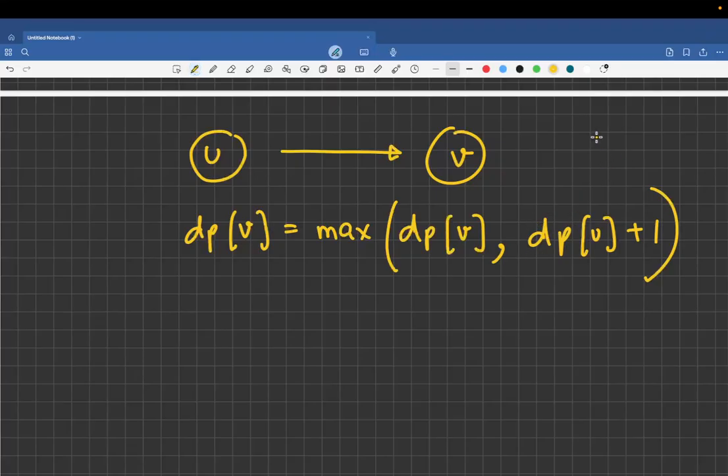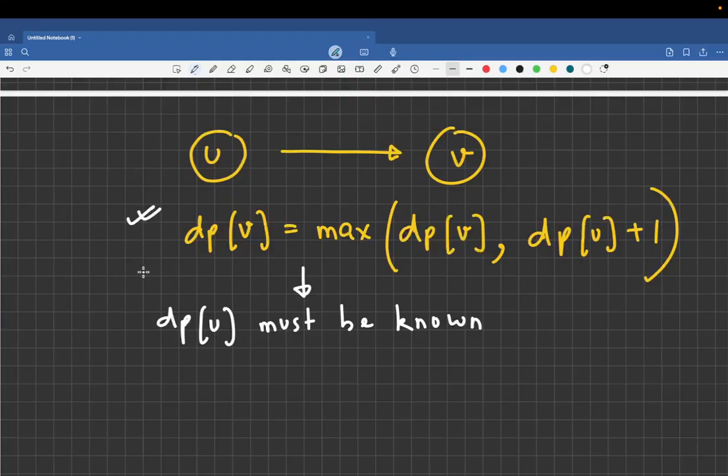Now for writing this, do you agree with me that I should already know the value of dp of U? So to write this, dp of U must be known. Do you agree? If I don't know the value of dp of U, then finding dp of V, or writing this particular transition equation, makes no sense, right?